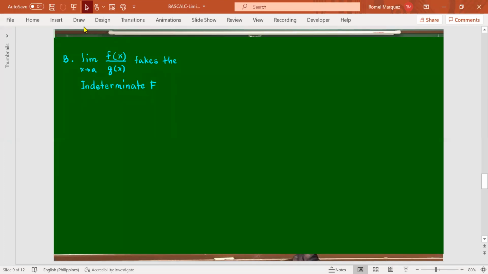What indeterminate form, guys? 0 over 0. But actually, this is not the only indeterminate form, but this is the simplest indeterminate form.